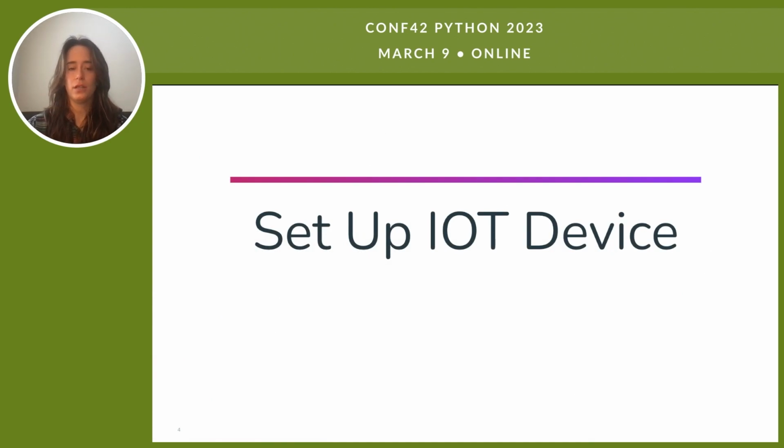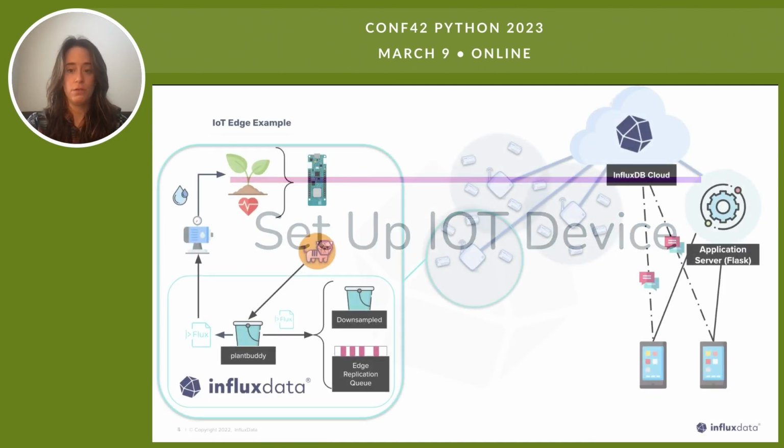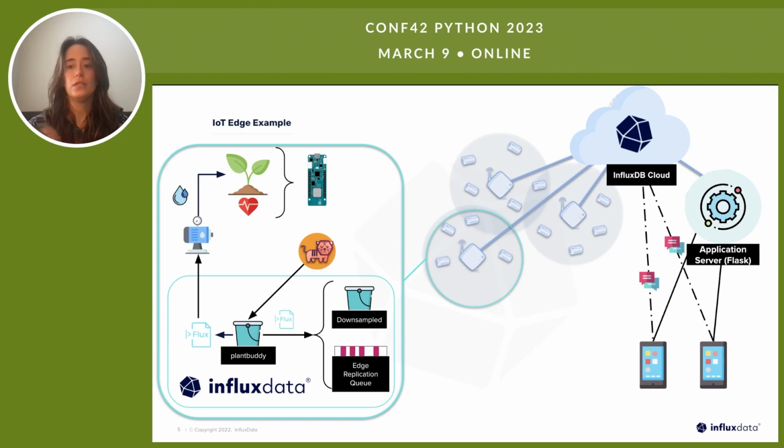Let's begin with talking about the setup for our IoT devices. This is a diagram of roughly how our Plant Buddy application and system works on the edge. As you can see, we store and manipulate some of our data here in the open source build, and then we send a downsampled version of that data to our cloud instance.